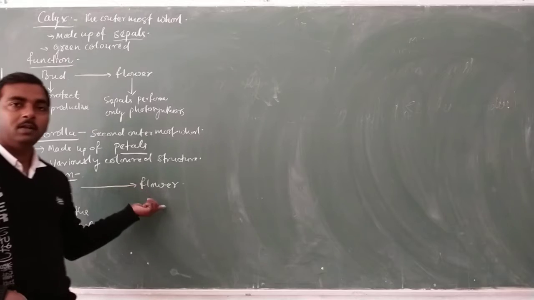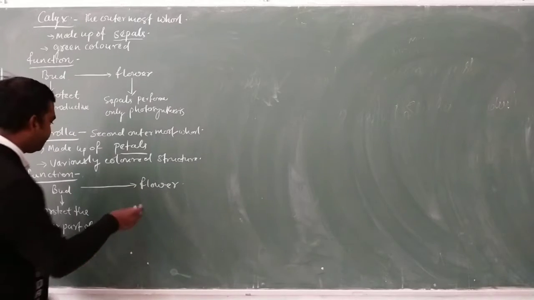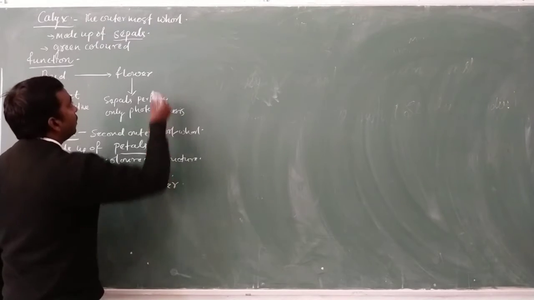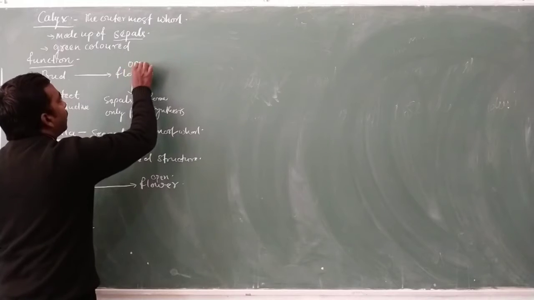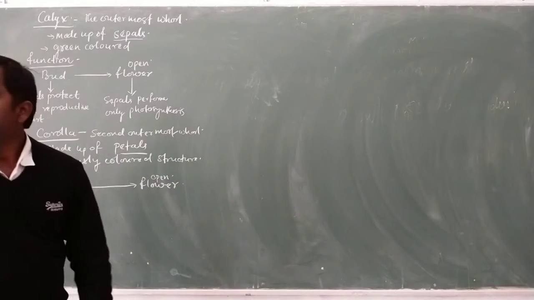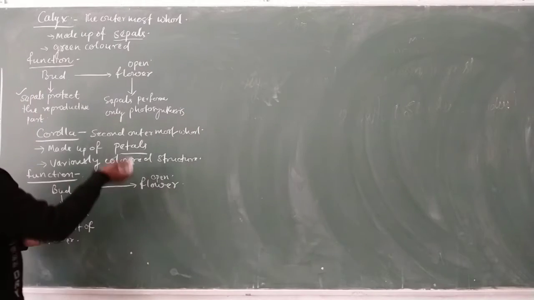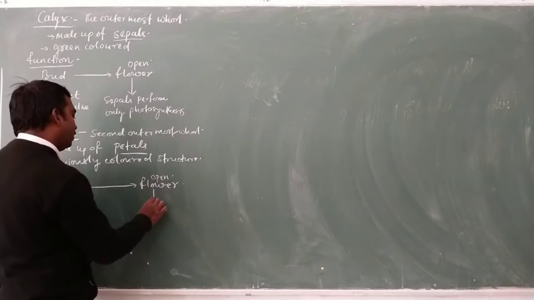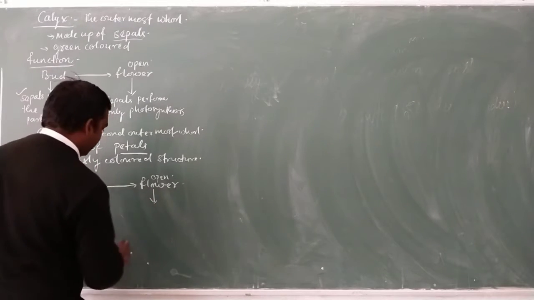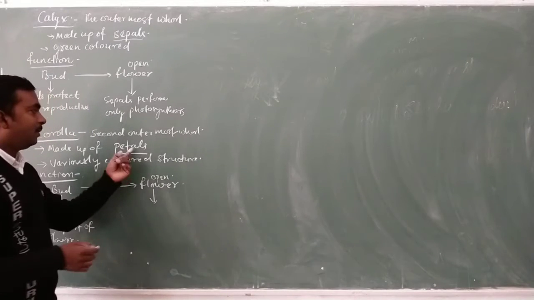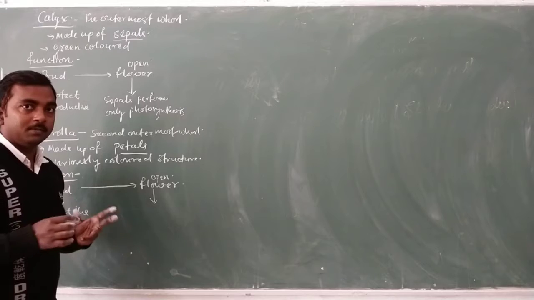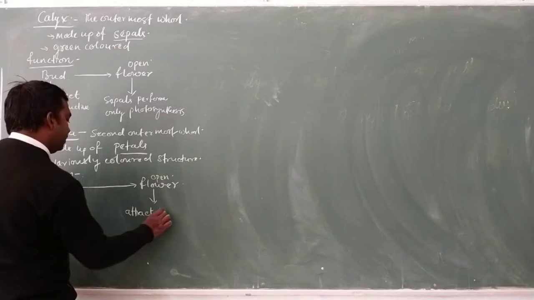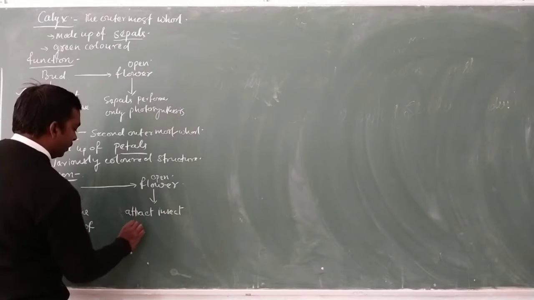But when the bud is converted to an open flower, the petals of the corolla, which are variously colored, attract insects for pollination.